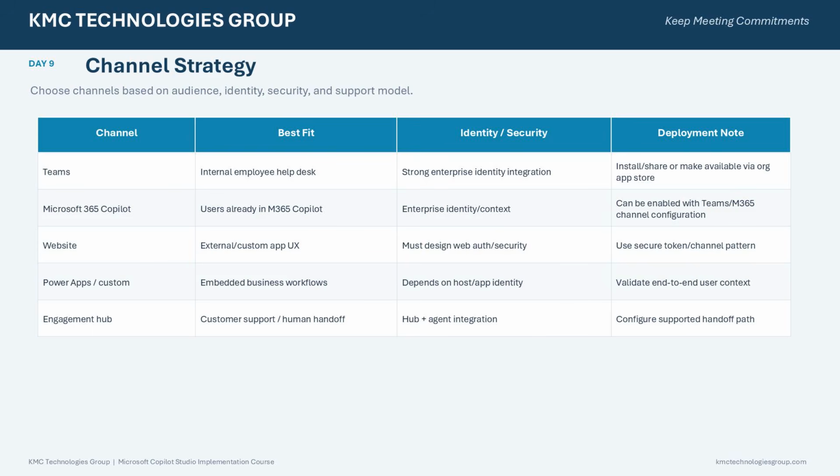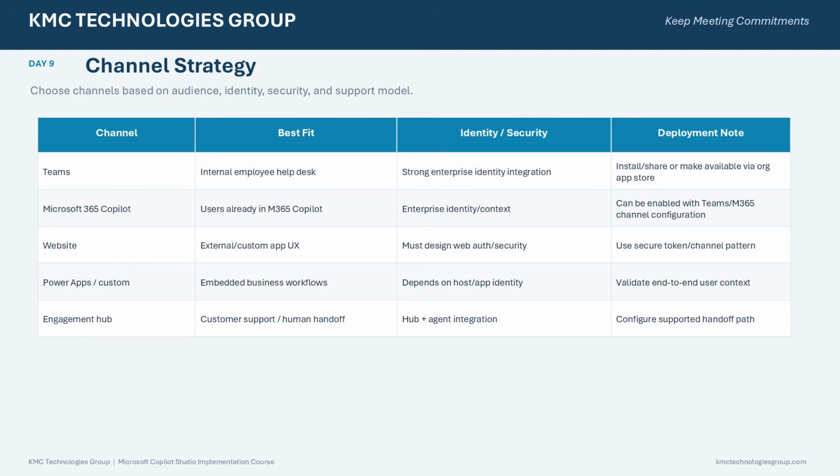One common misunderstanding is that publishing automatically makes the agent available to everyone. It does not. Publishing makes a live version available to configured channels. Sharing and access settings determine who can actually use it.